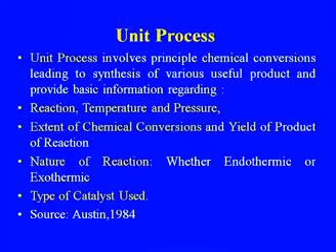So, the chemical process is a combination of unit processes and unit operations. Unit process involves principal chemical conversion leading to the synthesis of various useful products and provides basic information regarding reaction, temperature and pressure, because this is the initial stage of development in chemical engineering. Initially it was chemistry to industrial chemistry to chemical technology, and then chemical technology to chemical engineering.